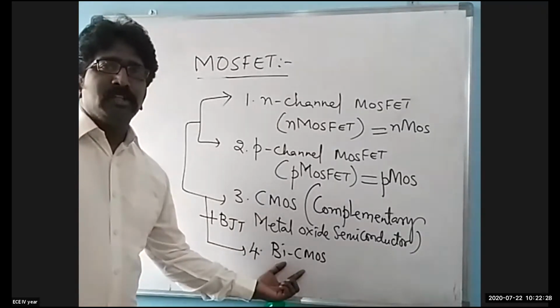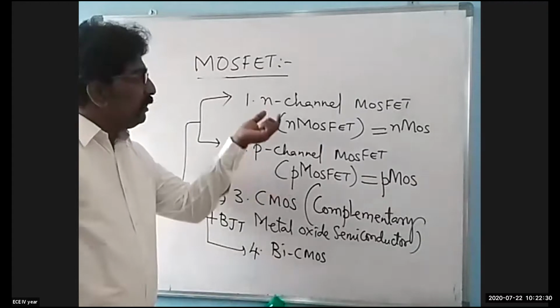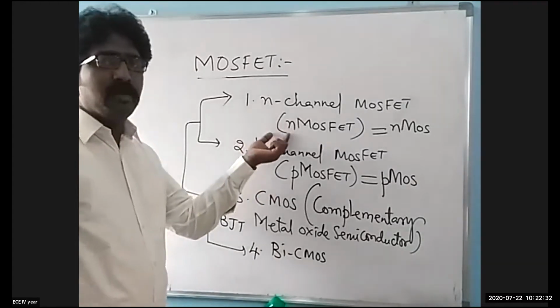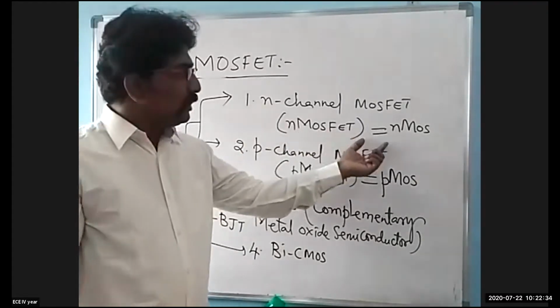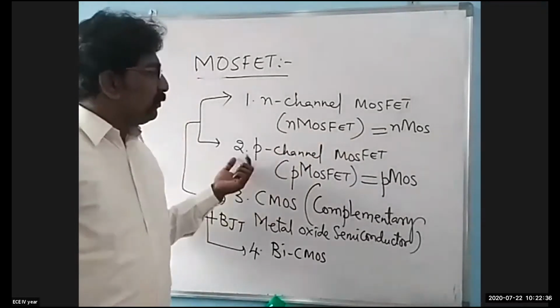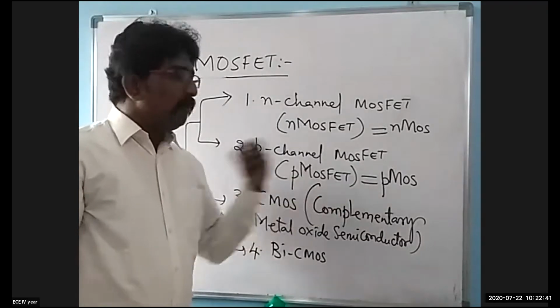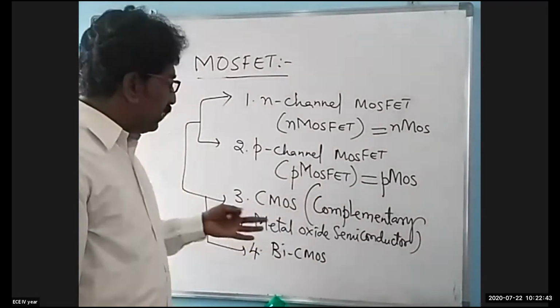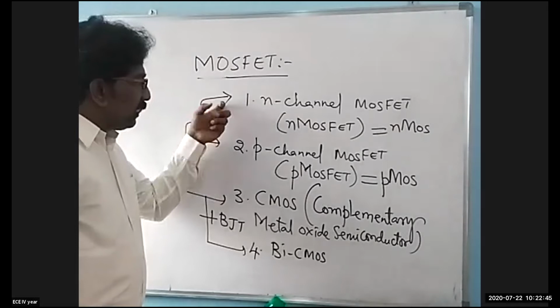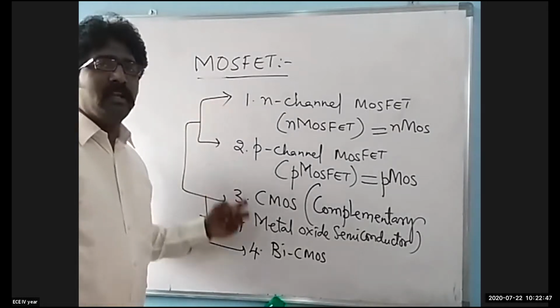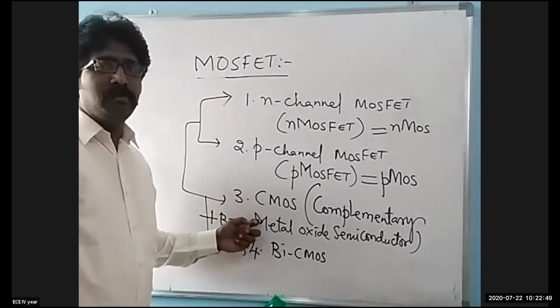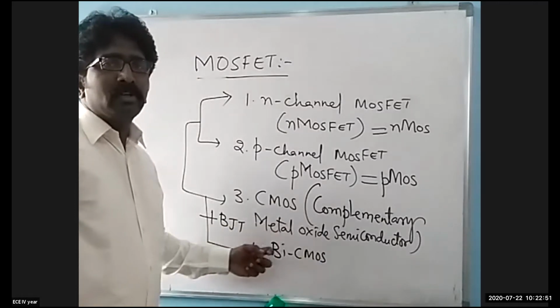So depending upon the charge carriers, the MOSFET is divided into the N-channel MOSFET, which is nothing else but nMOS, also called nMOSFET. The second type is the P-channel MOSFET, also called pMOSFET or pMOS simply. The third kind of MOSFET is CMOS: by combining N-channel and P-channel, we get the complementary metal oxide semiconductor.